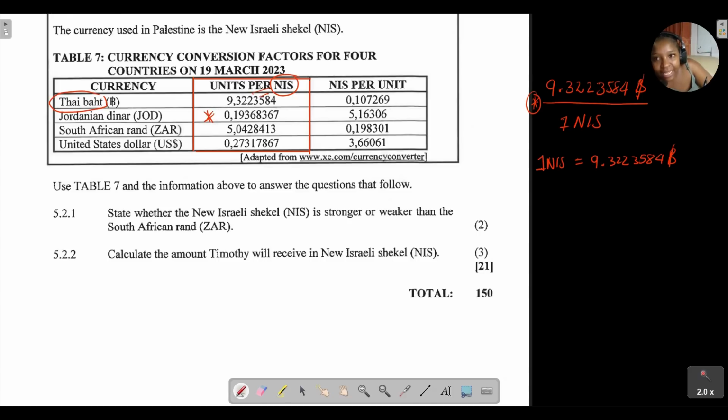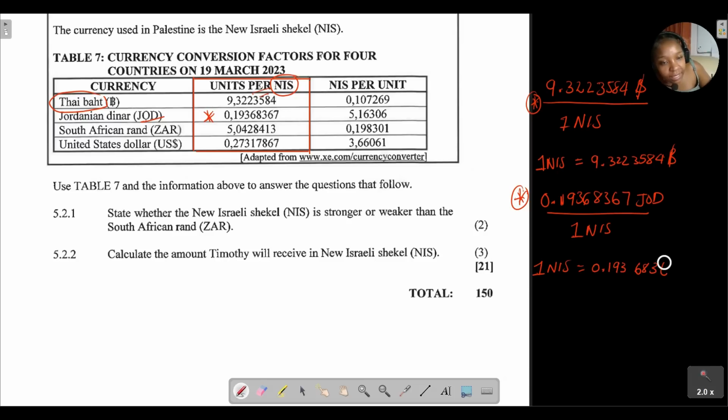What is meant by that? Let's look at the other one. 0.19368367 per 1 NIS. So if we had to change this rate into an equation, it just means 1 NIS is equal to 0.19368367.